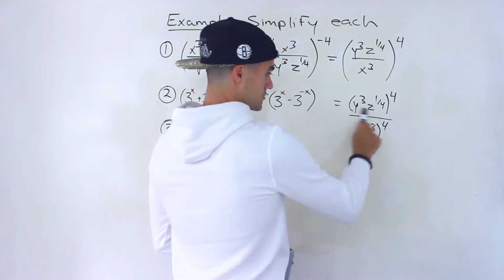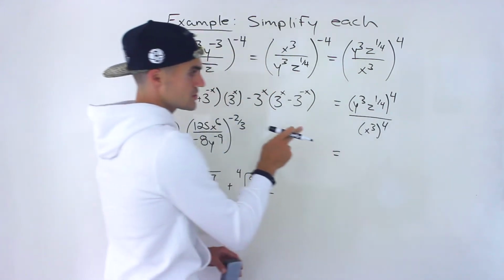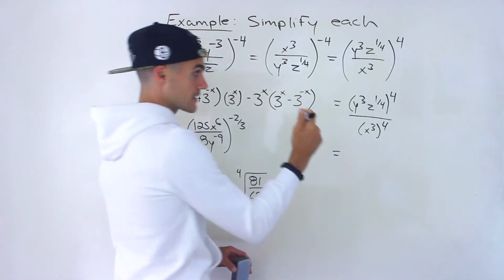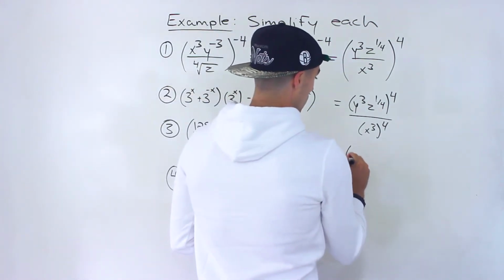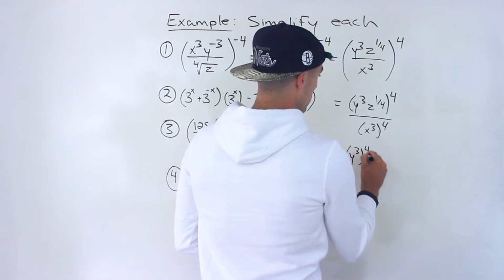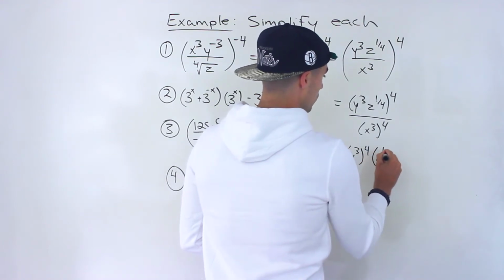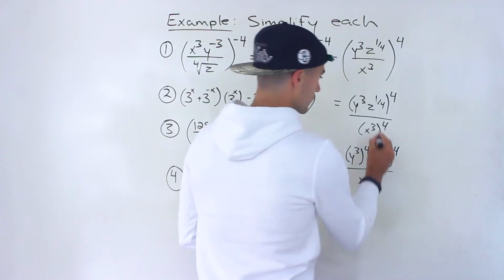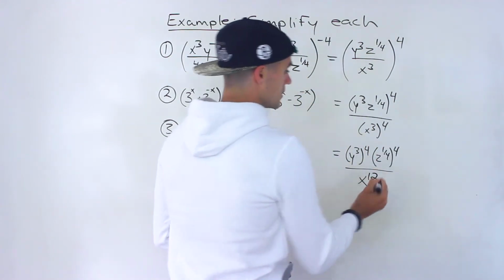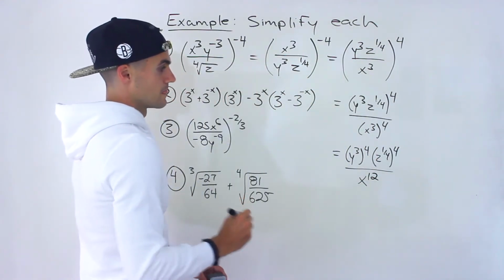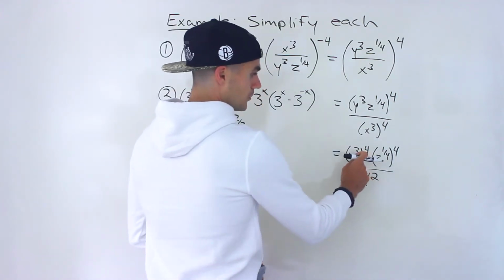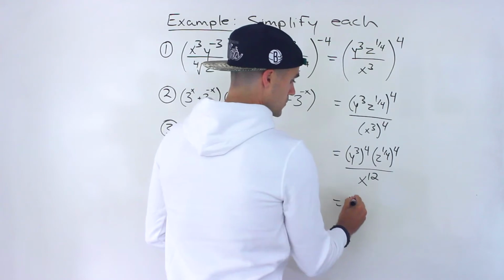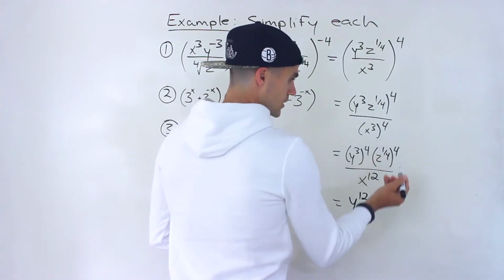And then these two terms are multiplying. So we can take both of those terms to the power of 4 since that exponent's on the outside. So we'd have y to the 3 to the power of 4. Then we'd have z to the 1 over 4 to the power of 4 all over x to the power of, these I'm going to multiply. This would just be 12, like that. And then we can multiply these two. This multiplied would be 12. 1 over 4 times 4 is just 1.